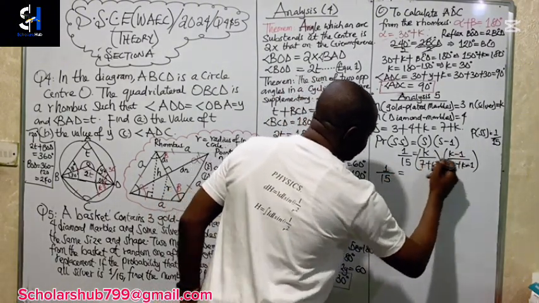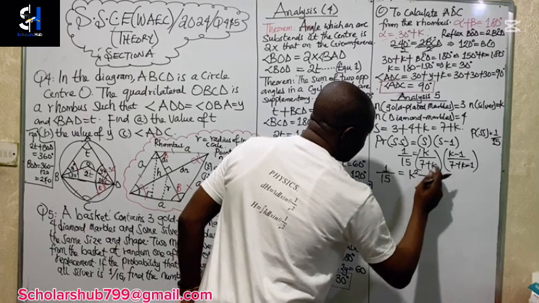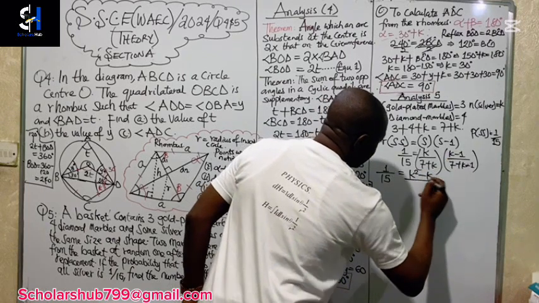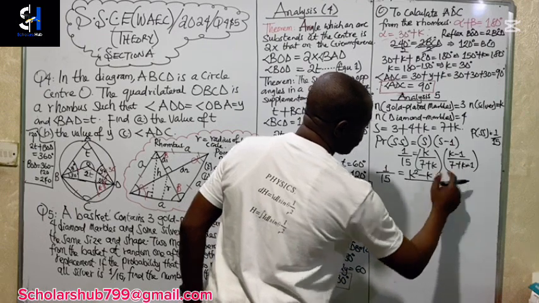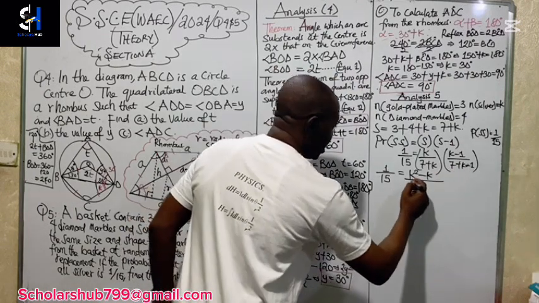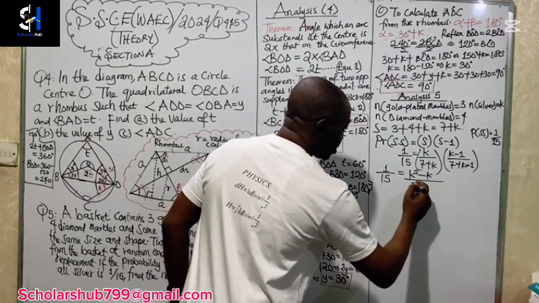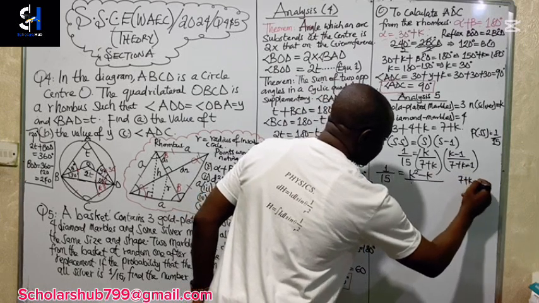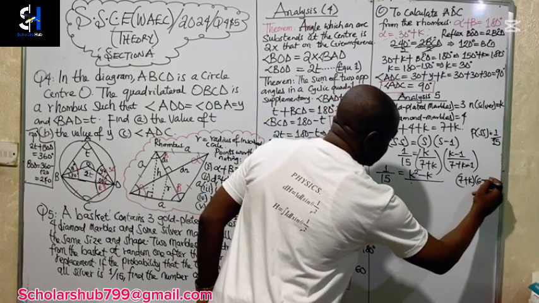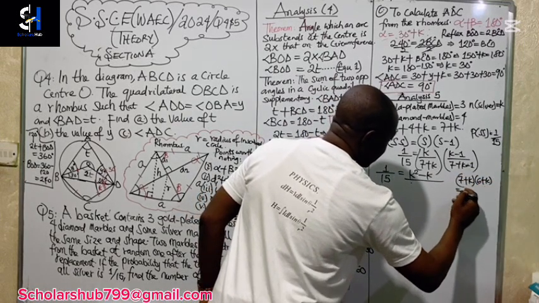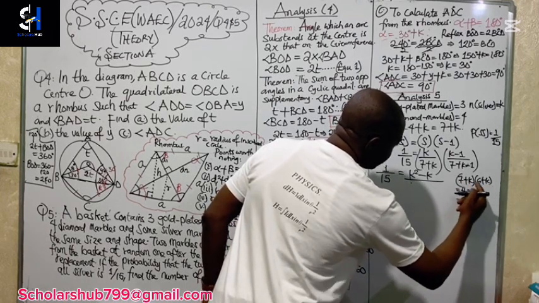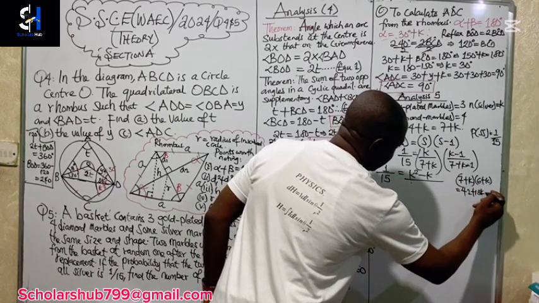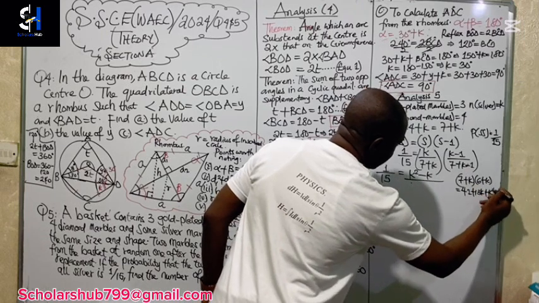K times K will be K squared. K multiplied by 1 will be K. So the numerator is K squared plus K. For the denominator, 7 plus K minus 1 will be 6 plus K, so we have 7 plus K multiplied by 6 plus K. That will be 42, then 7K plus 6K, which is 13K, plus K times K, which is K squared.